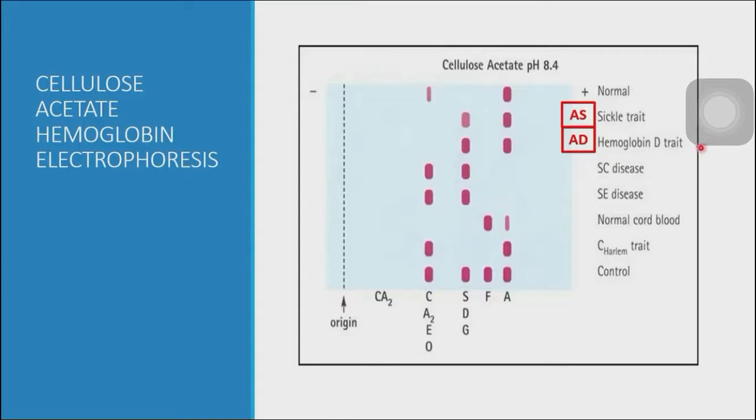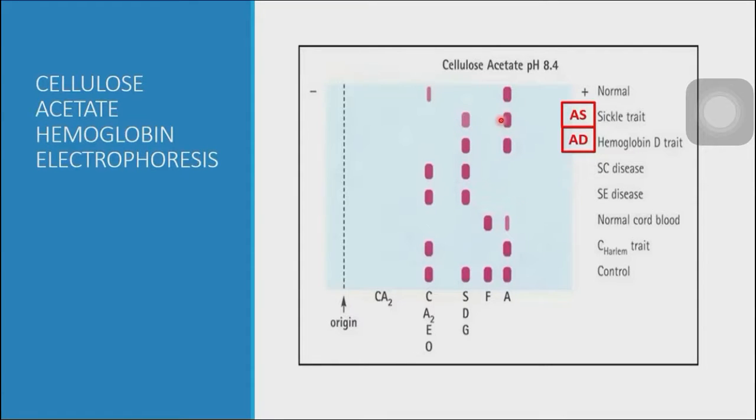So, for hemoglobin D trait naman, again, trait din siya. Again, dapat pag trait, mga major hemoglobin pa din, hemoglobin A. Okay, and again, portion with hemoglobin D. Okay, kung mapapansin, silang dalawa, similar sila ng appearance, ng pattern with cellulose acetate. So, how will you differentiate sickle trait and hemoglobin D trait in terms of electrophoresis?